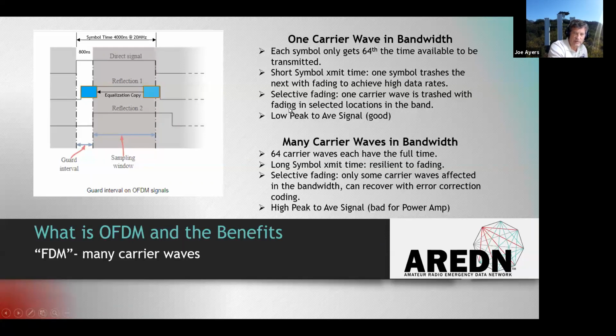And then the other point about OFDM, which is actually the negative that has to be worked around, is that with one carrier wave, it's relatively a low peak to average signal ratio. The envelope of that energy, the peak and the average signal, are fairly low.